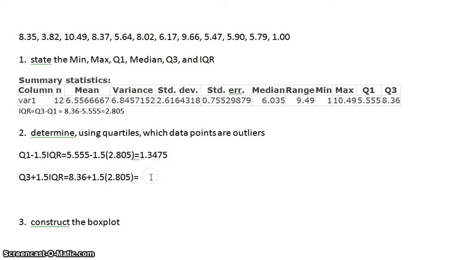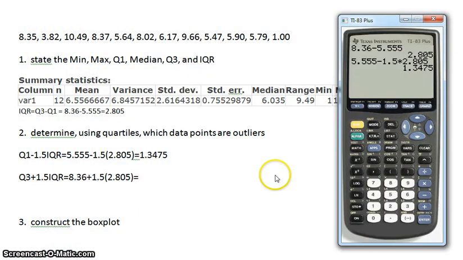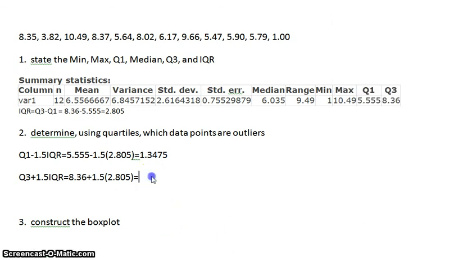And for the upper fence, 8.36 plus 1.5 times 2.805. So 12.5675.